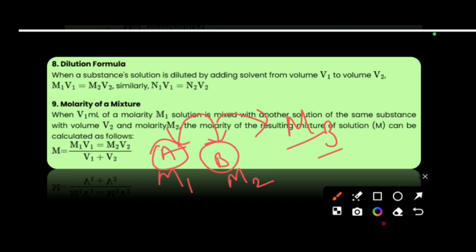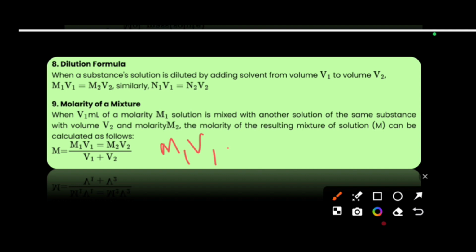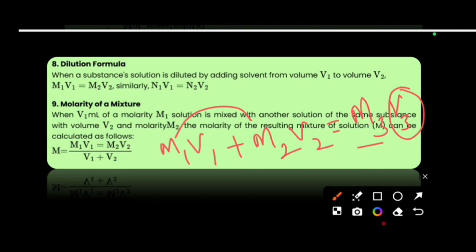In what form can you write it here? By using volume. So you can see here, M1V1 plus M2V2 is equal to M3V3. The molarity will change after mixing the two solutions, but volume is an addition effect.